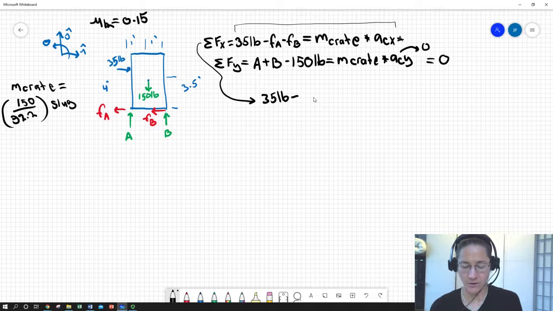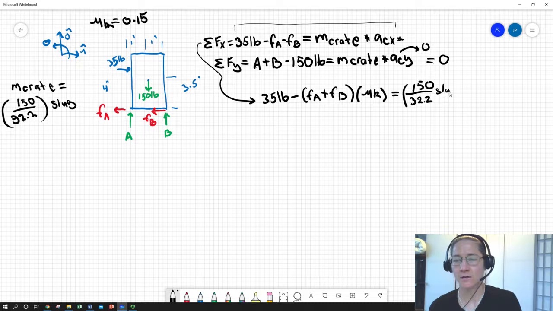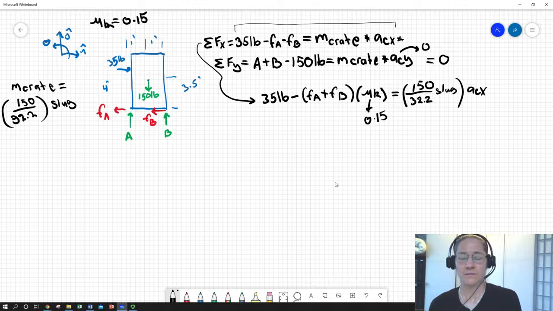So now we can get rid of FA plus FB as separate variables, and we're just going to combine those and multiply them by mu k equals 150 divided by 32.2 slug times ACX, 0.15, and oops, well, that was the whole point of getting rid of mu k.